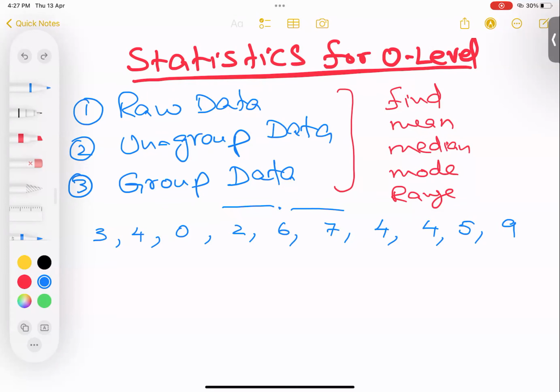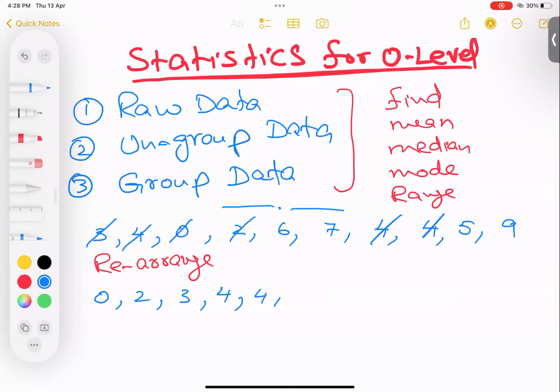First of all, let's make it clear. I will rearrange. I'm going to show you how to rearrange, students. So let's order. I write 0, I cut. Then I write 2, I cut. Then 3 and cut. Then 4, cut. Then two more 4s, cut and cut.